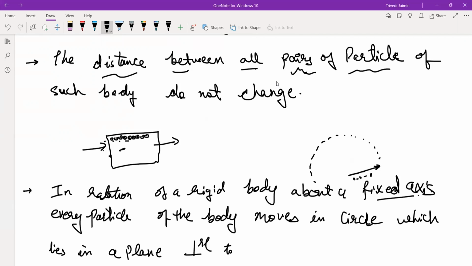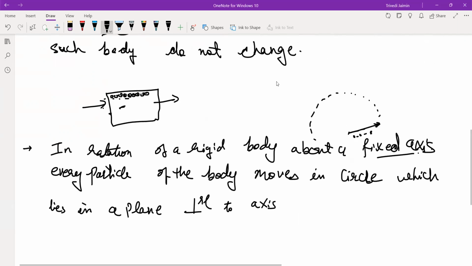And on this axis only we have the center. So that's what I'm just elaborating, the same thing whatever we are discussing here. Center on axis.